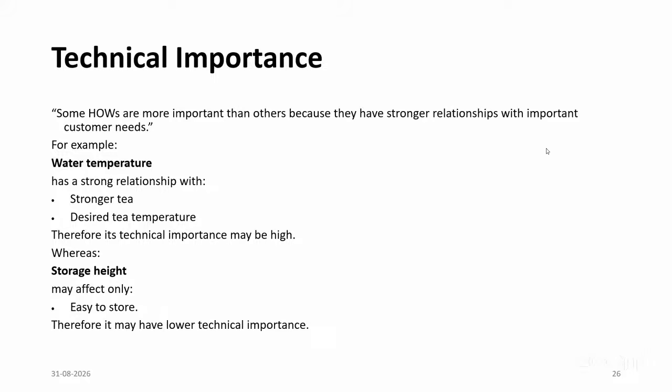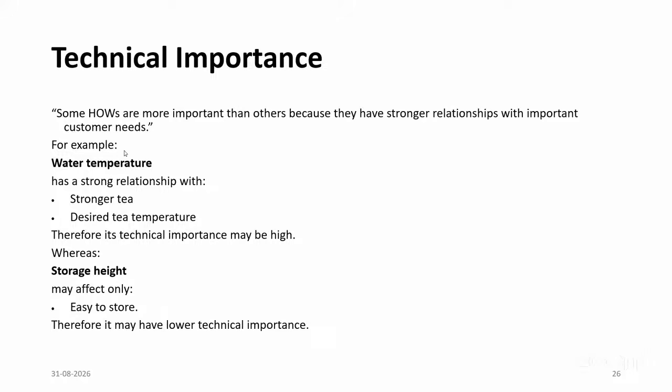Some hows are more important than others because they have stronger relationship with important customer needs. See, certain customer needs are given a rating 5, certain are given 4, whereas certain needs are given 3. So there are few metrics which will cover the needs with more importance. So that should be given more weightage. So we are going to classify the metrics based on technical importance now.